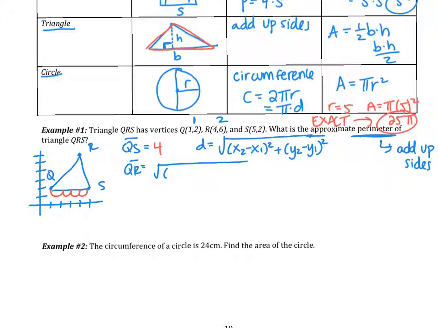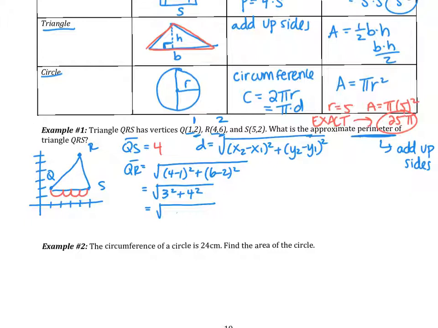So if I do x2 minus x1, I'm going to have 4 minus 1 squared. And then I'm going to do y minus y, so 6 minus 2 squared. 4 minus 1 is going to be 3 squared. 6 minus 2 will give me 4 squared.